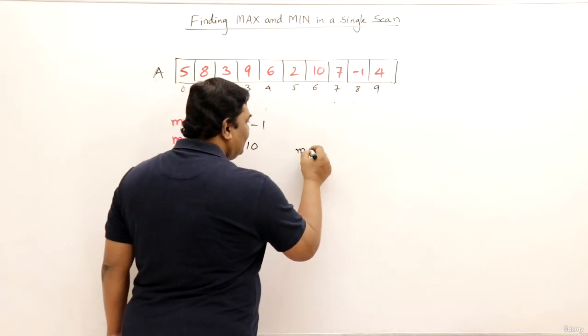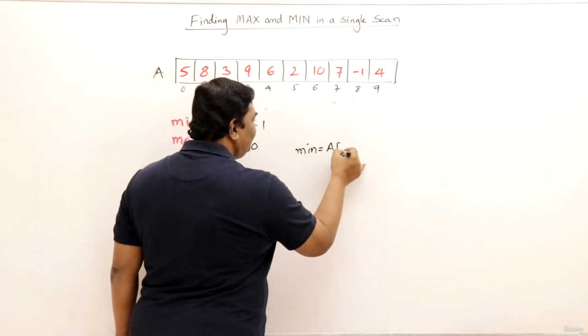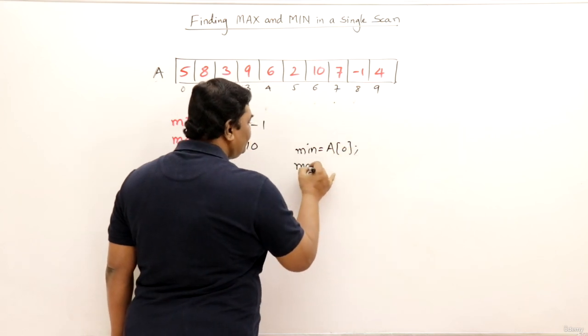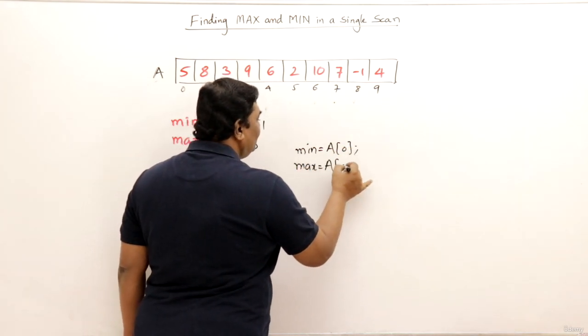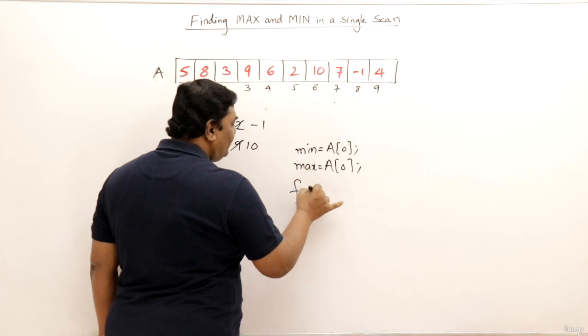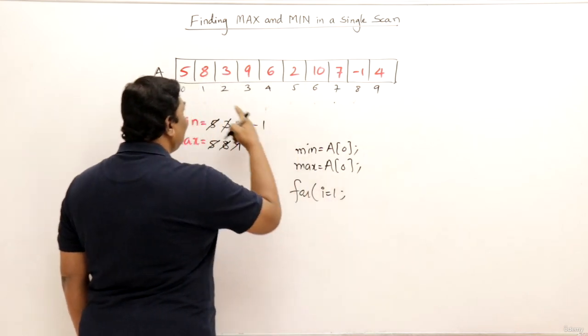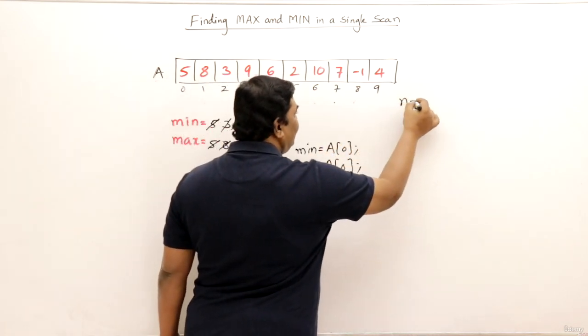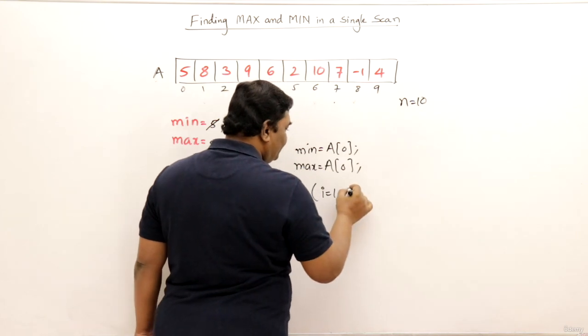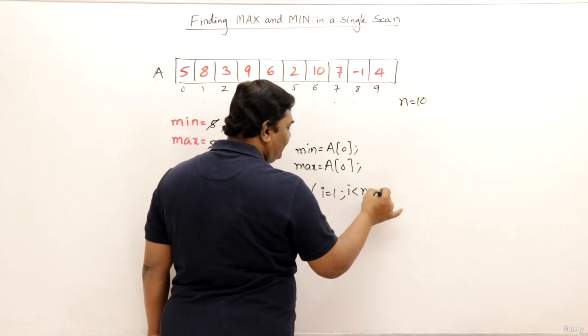So quickly, minimum is a[0] and maximum is also a[0]. Then I need a for loop. That for loop will start from index 1 onwards, and as I have an example of 10 elements, i is less than n, that is 10, and i++.